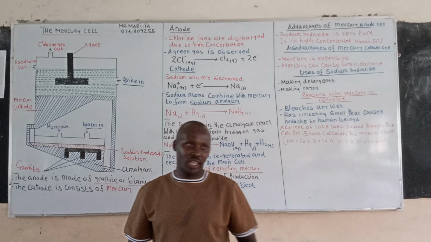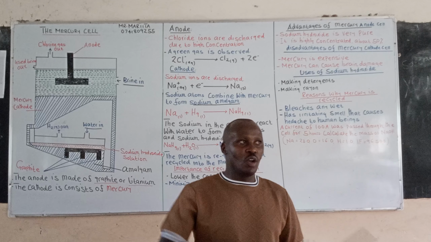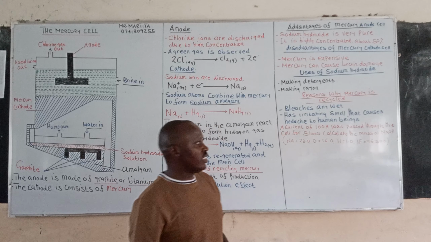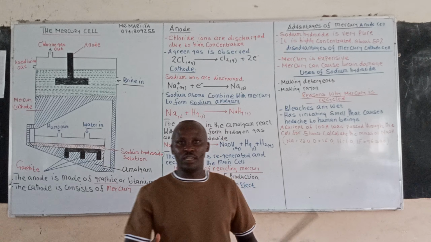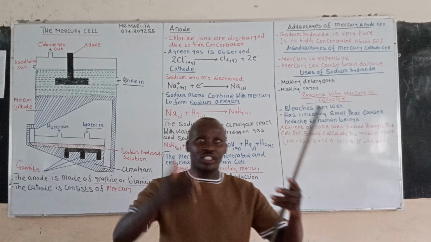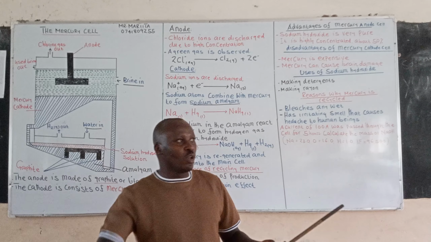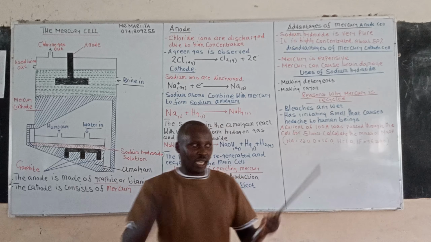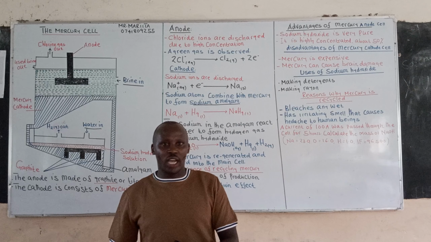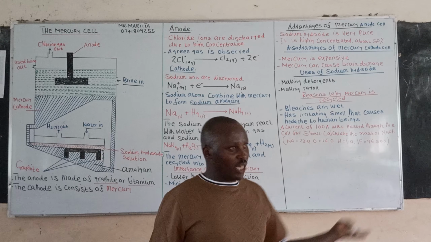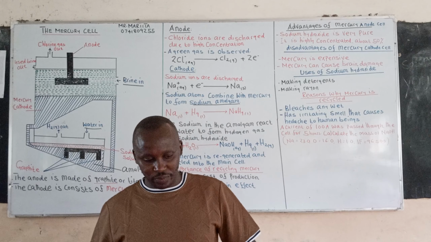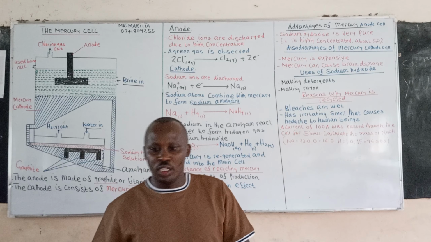When you go to Form 1, water and hydrogen, one of the uses of hydrogen is that when mixed with oxygen, it produces an oxyhydrogen flame, which is used in welding and cutting metal. And of course, we have another product, which is chlorine.